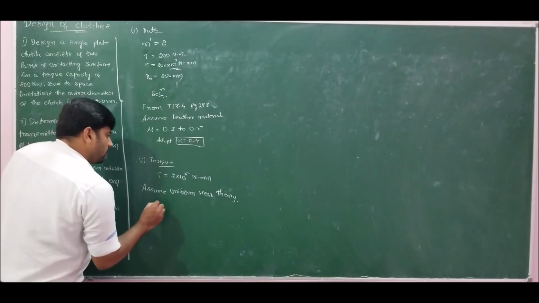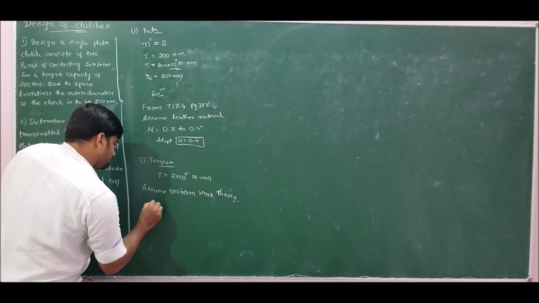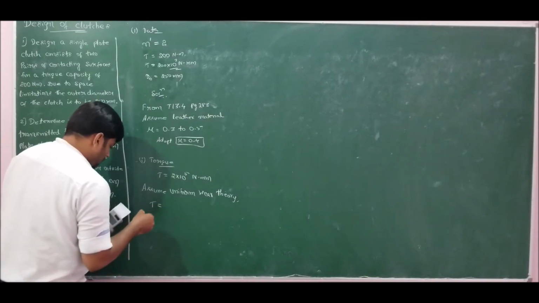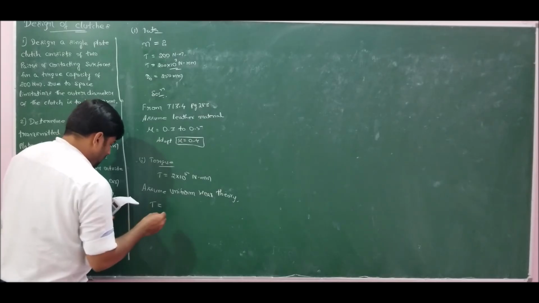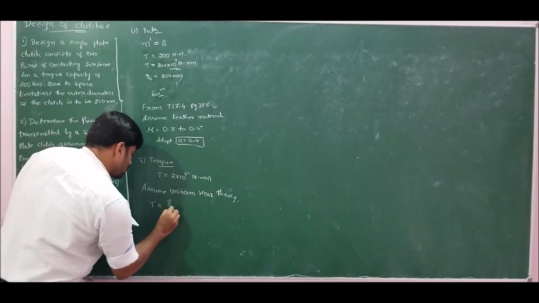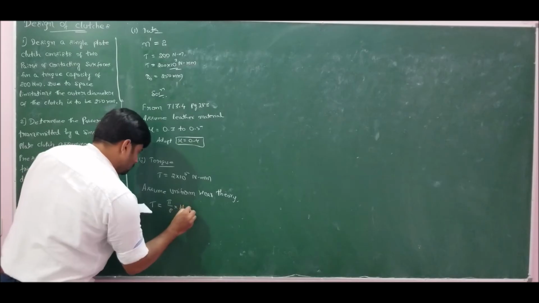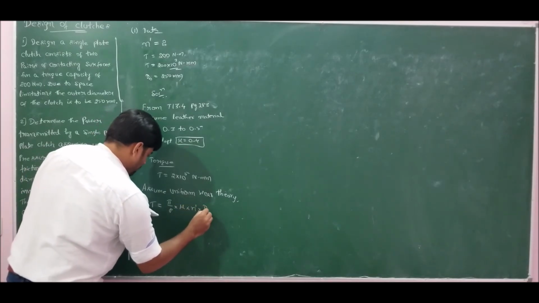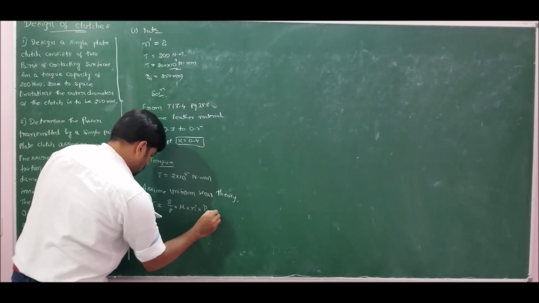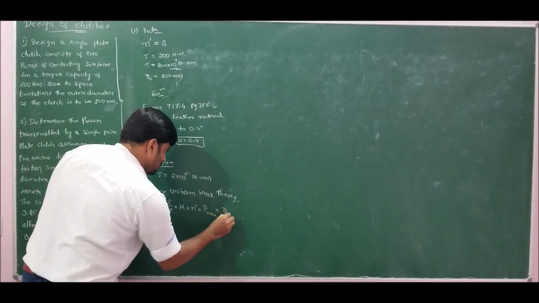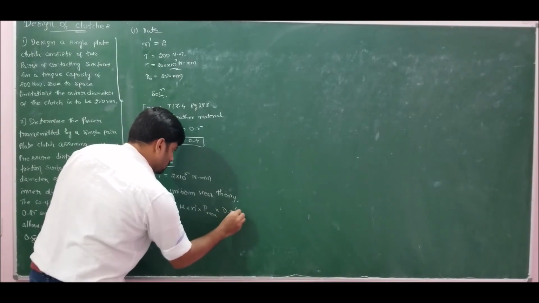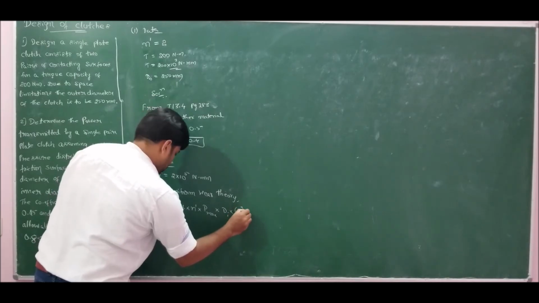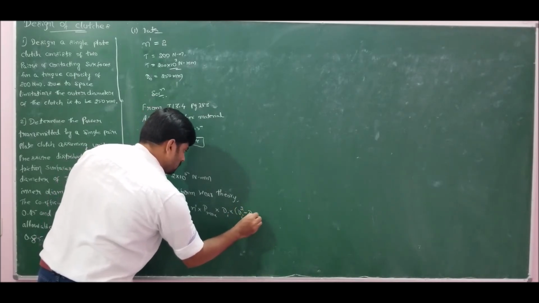If I assume uniform wear theory, we get the expression for torque T as pi by 8 into mu into n dash into P max into di into d naught square minus di square.